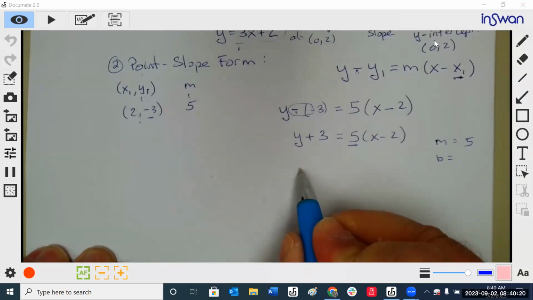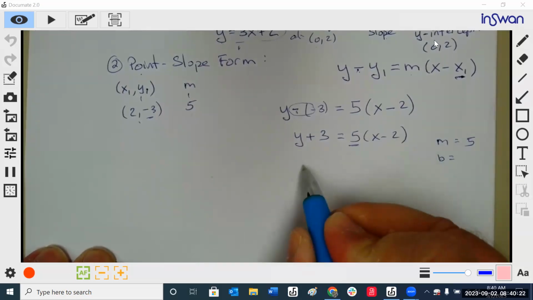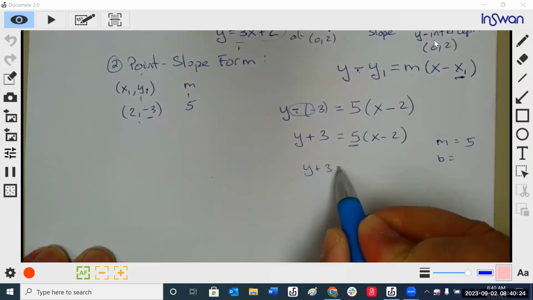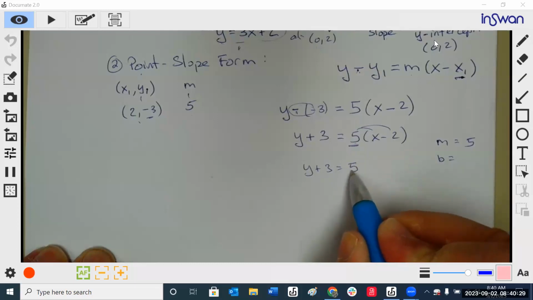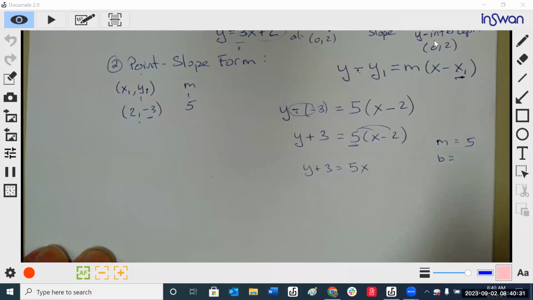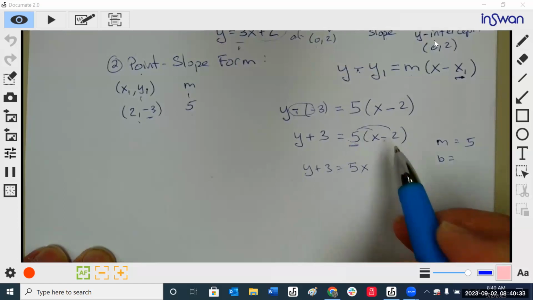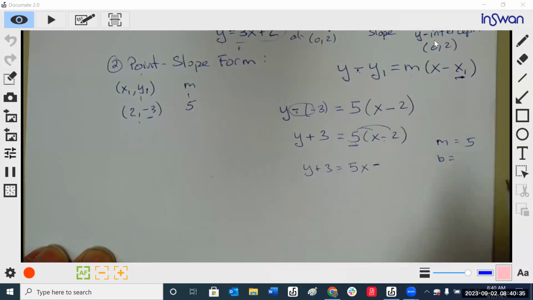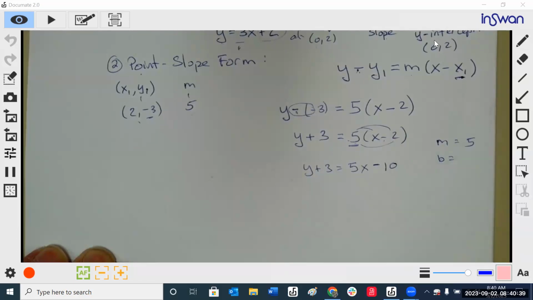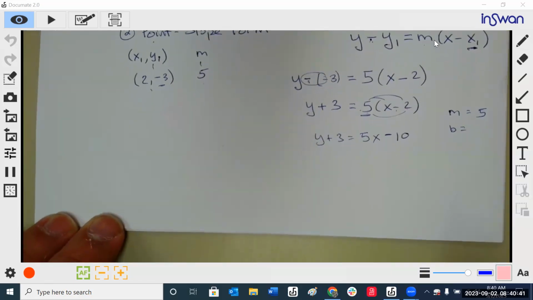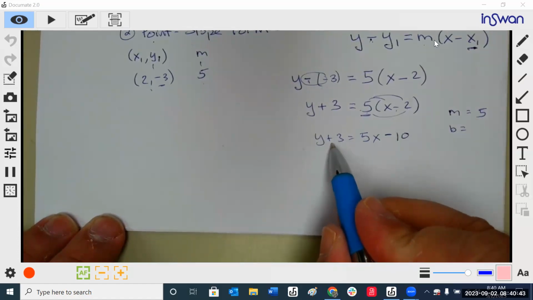So what we have to do here is first get rid of the parentheses. Multiplication first. 5 times x is 5x. Positive times negative is a negative. 5 times 2 is 10. Now we can get rid of the 3.